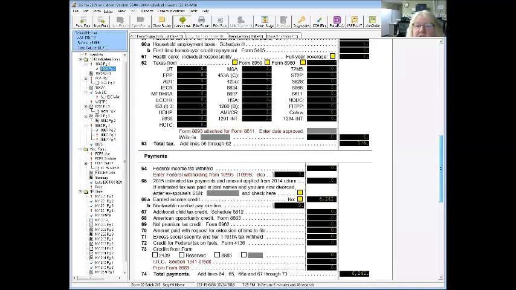She's not going to get the additional child tax credit, but she's going to get $62.42 for earned income credit for those 3 kids that are living with her, even though Dad's claiming them. She can still get that EIC.